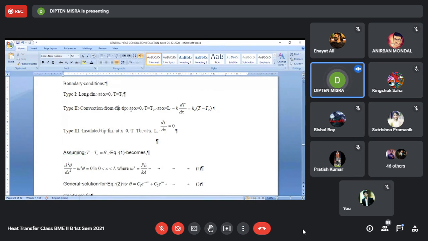So we have from the first boundary condition, that is at x equal to 0, theta equal to theta b, we'll get one relation between c1 and c2, that is c1 plus c2 equal to theta b, and we'll use the second boundary condition as minus k into d theta dx at x equal to L is equal to he into theta at x equal to L. With the help of that, we'll get another relation between c1 and c2, and then we'll have to solve it for c1 and c2.